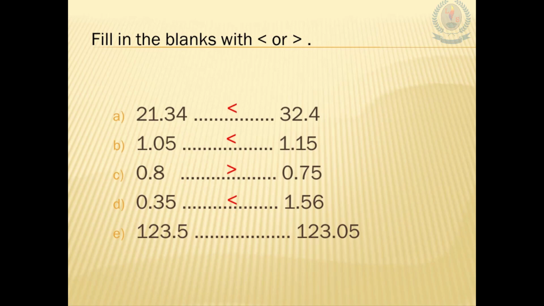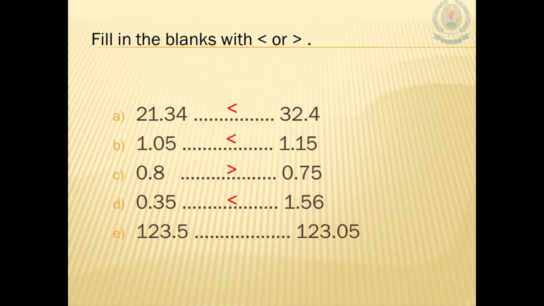123.5 and 123.05. You want to select the greater number from those two numbers. First you want to select the number in the hundreds place. They are the same, and you can move to the tens place.